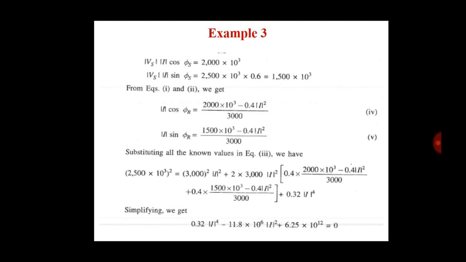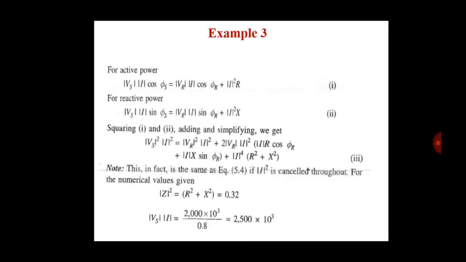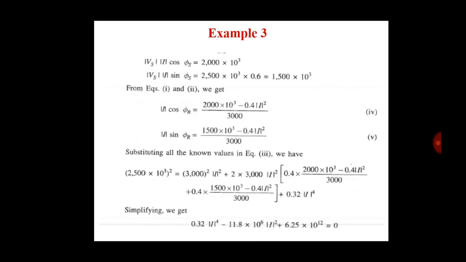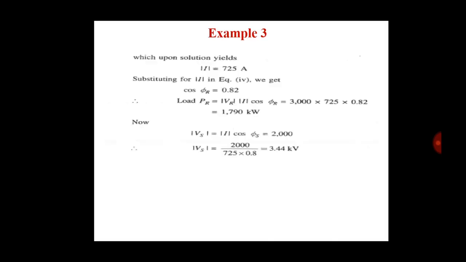Now substituting the known values in equation 3 and simplifying, we write 0.32 I raised to 4 minus 11.8 into 10 raised to 6 I square plus 6.25 into 10 raised to 12 is equal to 0.